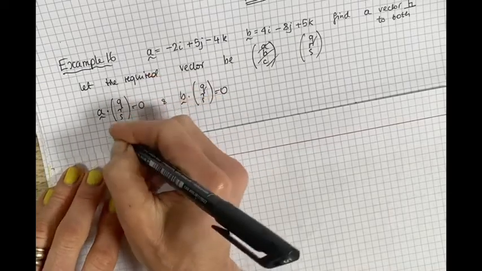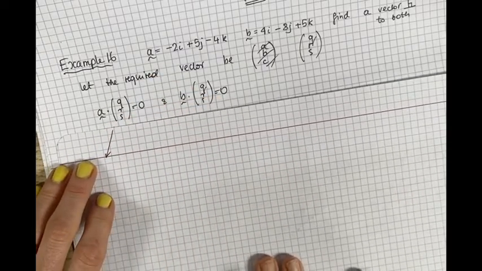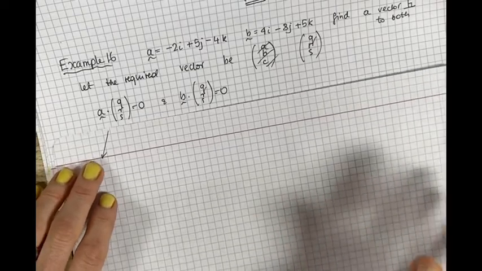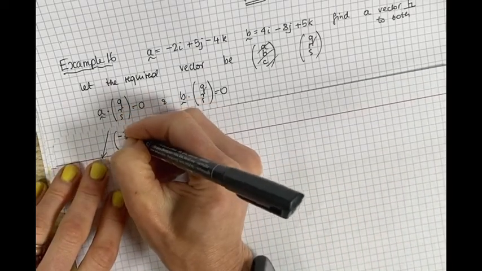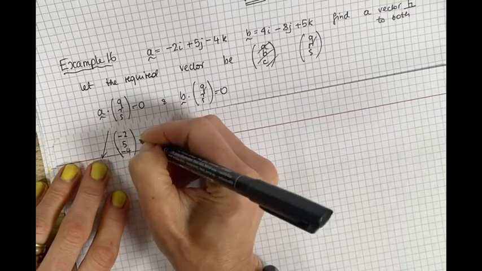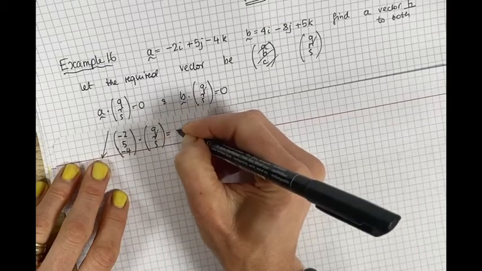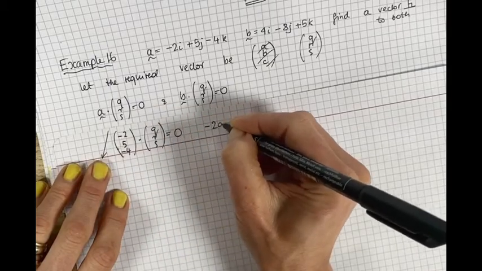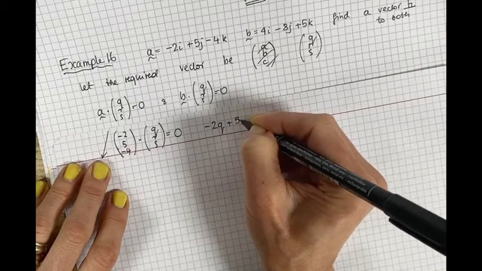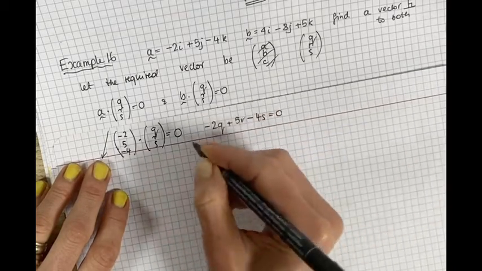So A is minus 2, 5, minus 4, QRS, that gives me minus 2Q, add 5R, minus 4S, that's equal to 0.